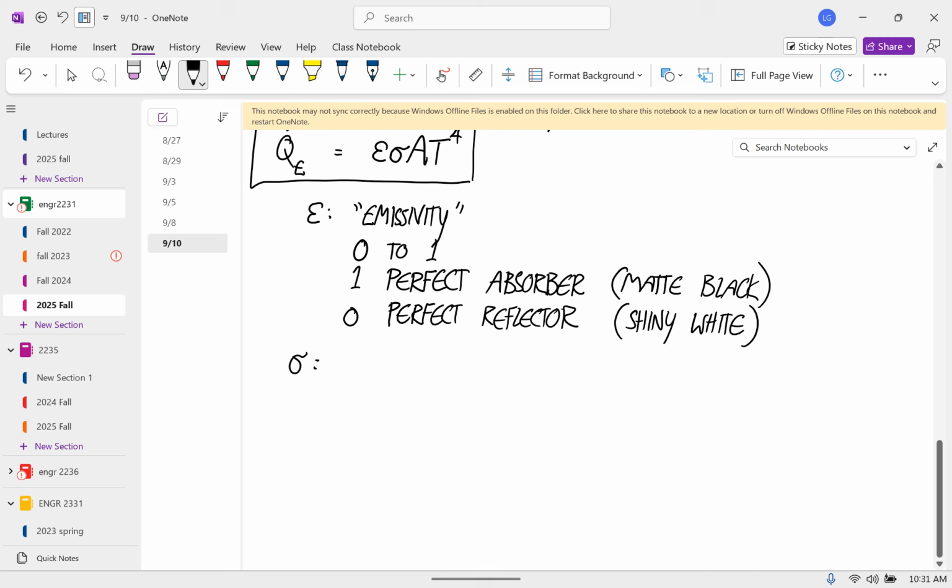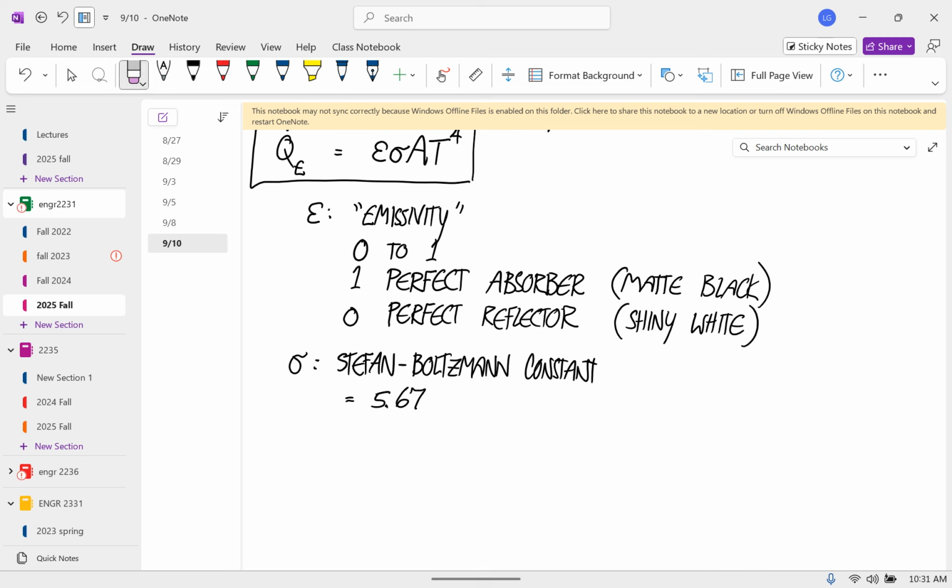The Greek letter sigma is called the Stefan-Boltzmann constant. That's just a fundamental physical constant. And it's equal to 5.67 times 10 to the minus 8, crazy units, watts per meter squared, Kelvin to the fourth.